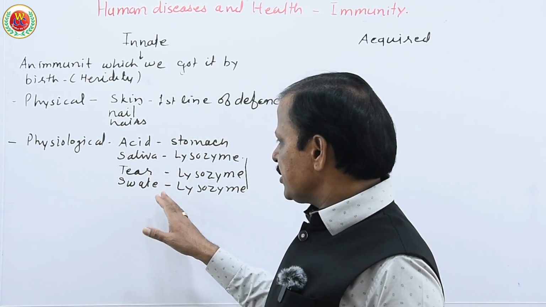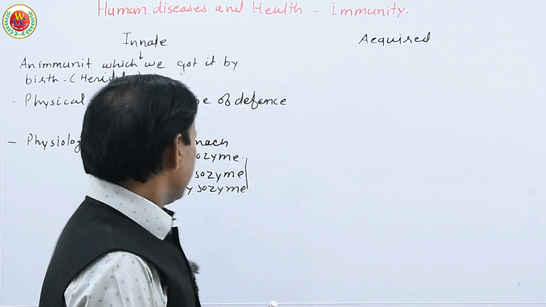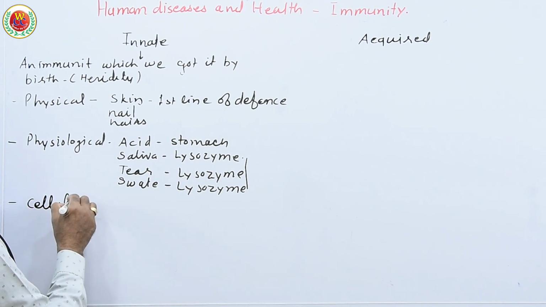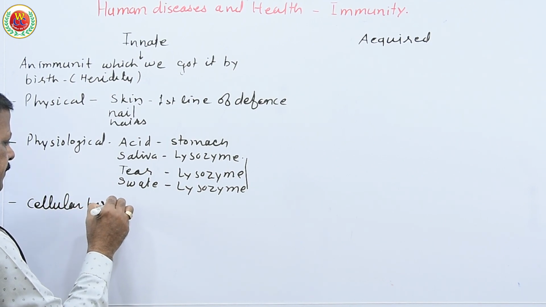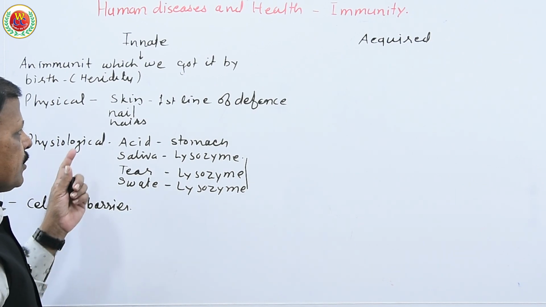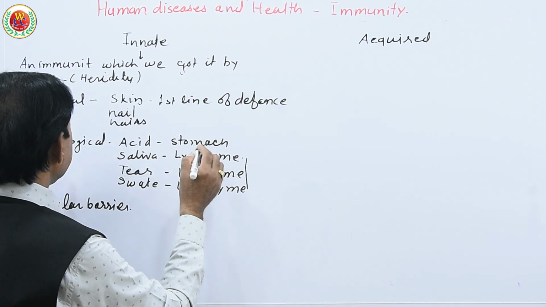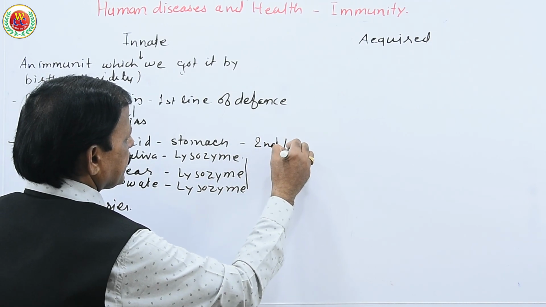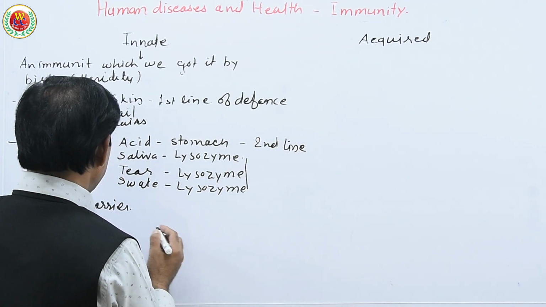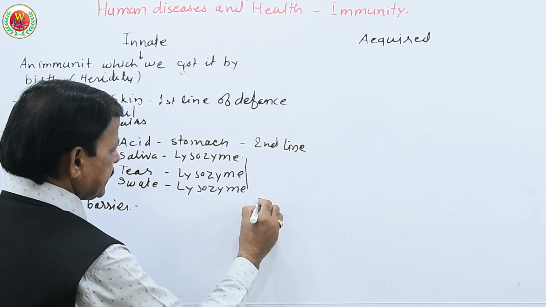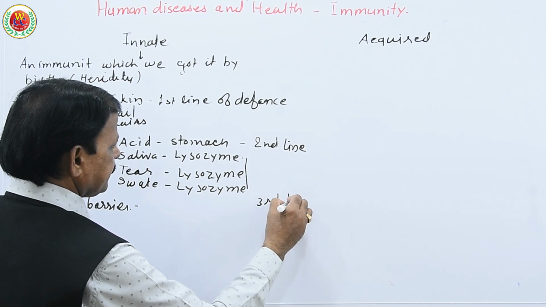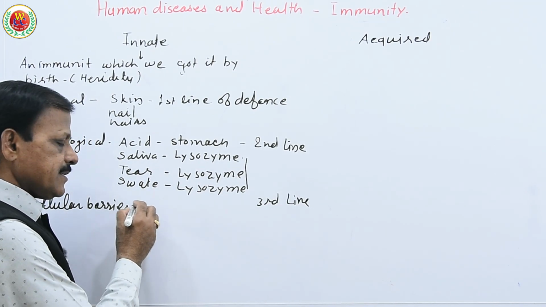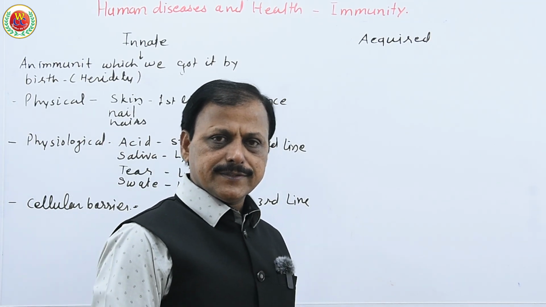In addition to these, we have the cellular barrier. This is the third doctor and the third line of defense, with physiological being the second line of defense. In this cellular barrier, we have cells that fight against pathogens.